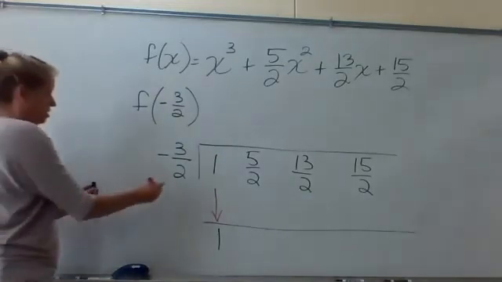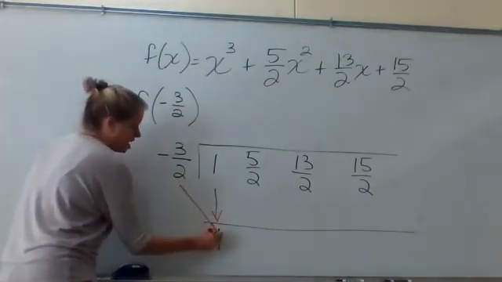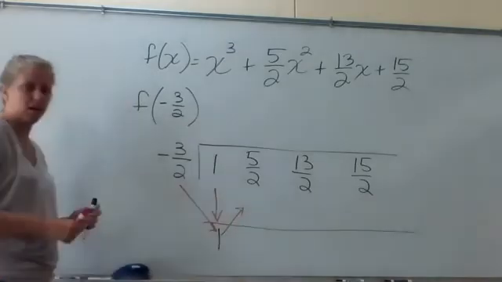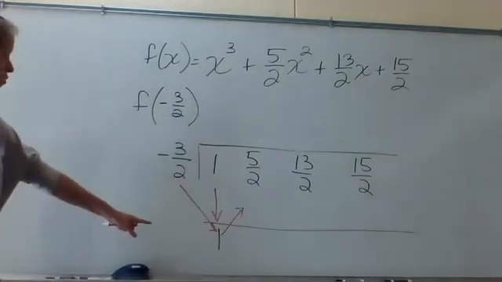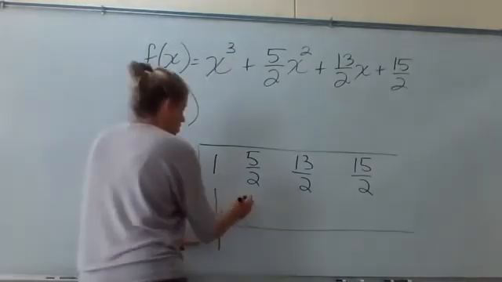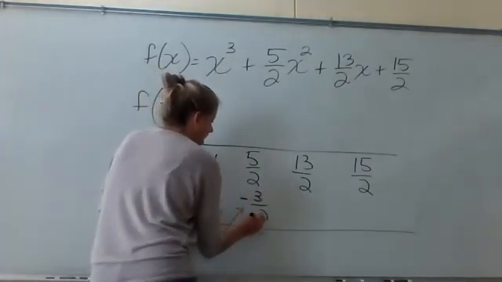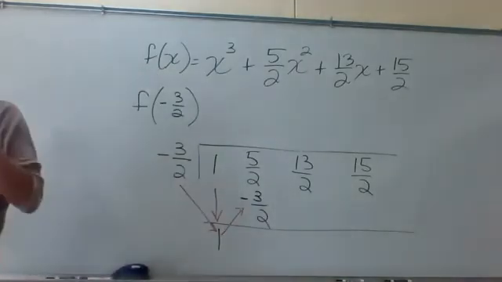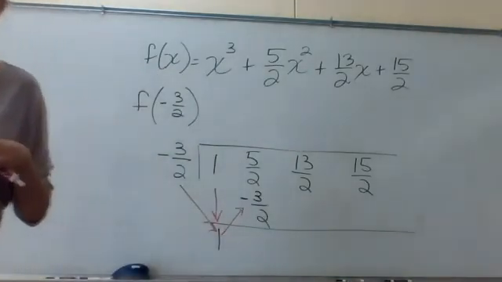And do our multiplication. -3/2 times 1. Put your answer here. Okay, luckily we're starting off with a 1, so it's not too bad that this is a fraction. -3/2 times 1 is -3/2. Another reason these fractions aren't bad is because they have the same denominators.